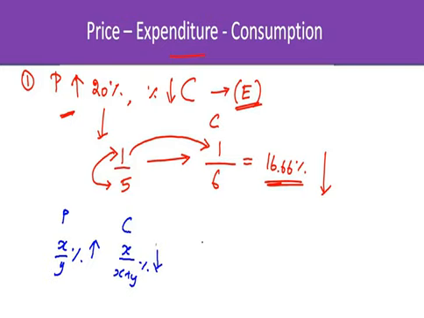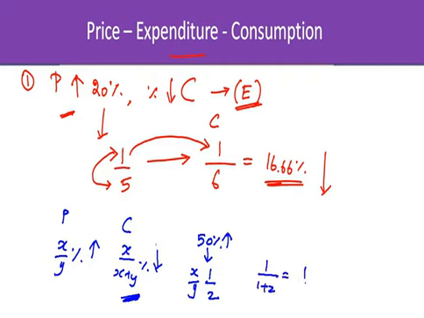Say for example, if the price of something is increased by 50%, what are we supposed to do? First step, convert the percentage into a fraction. 1 by 2. x is 1 and y is 2. Now the consumption has to be reduced by x by x plus y percentage, right? So 1 upon 1 plus 2.